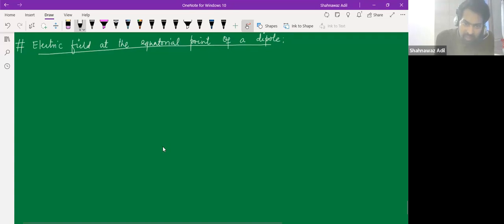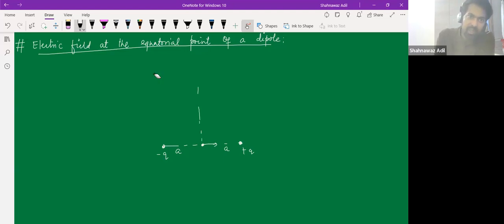We have a dipole. This is minus q, and this is plus q. This is the center point, and this is a, and this is a. And this was the direction of the dipole moment. So we'll come to this point later.